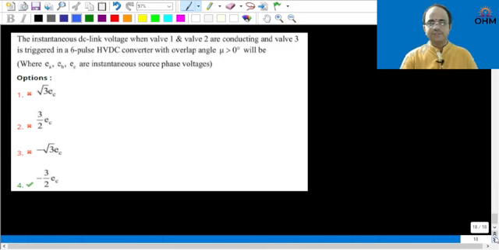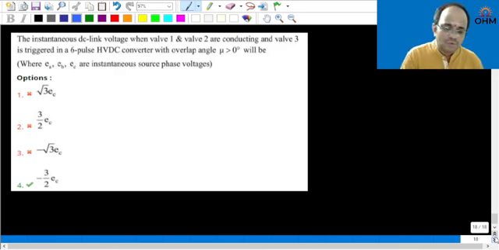Next, of course, this is a question from HVDC converter. Let us cover in our discussion itself. The instantaneous DC link voltage when valve 1 and valve 2, here valve in the sense you just need to imagine SCR itself, are conducting, and the valve 3 is triggered in a 6 pulse HVDC converter with overlap angle greater than 0 will be.